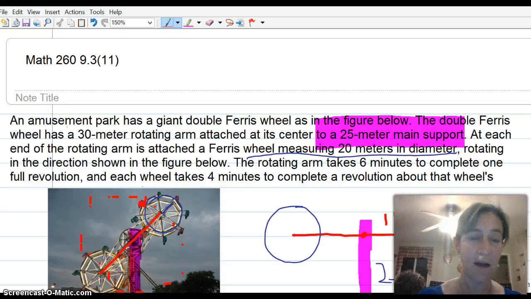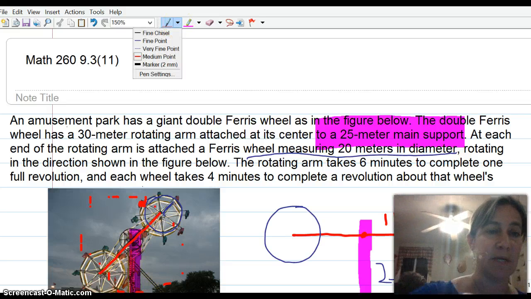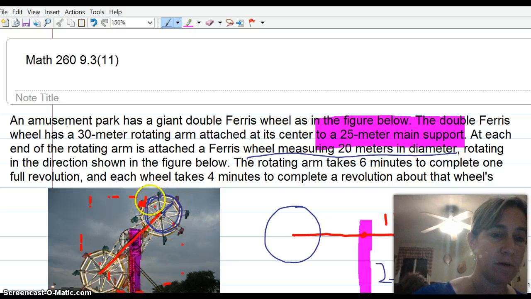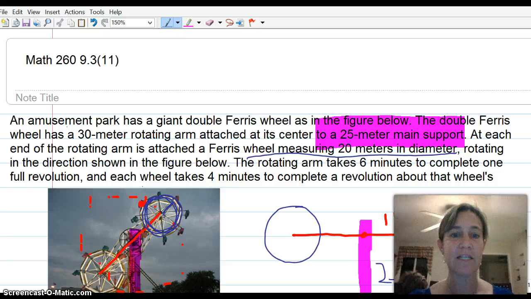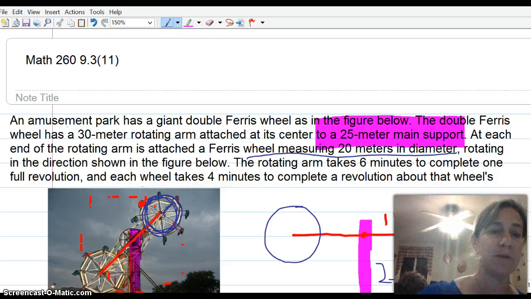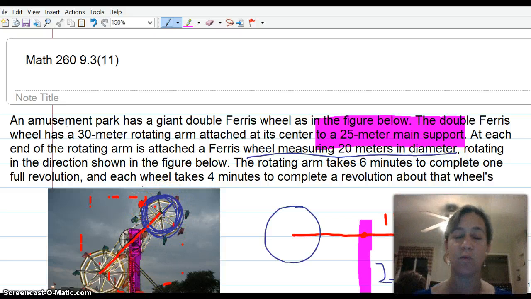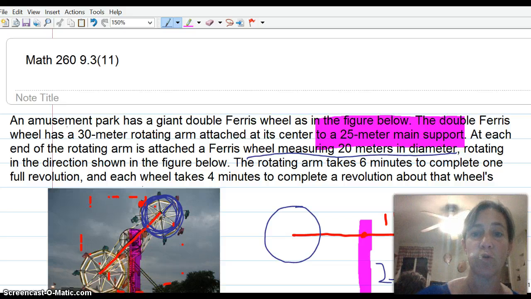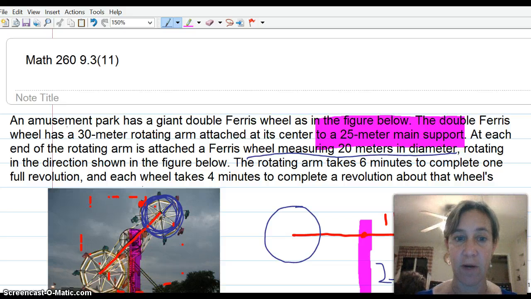At the same time, my blue Ferris wheel keeps spinning around itself. And that one takes 4 minutes to complete one revolution. So this keeps going around, and it takes 4 minutes for this guy, the big red dot on this wheel, to get back to where he started. All that's happening at the same time, and we're 25 meters above the ground.